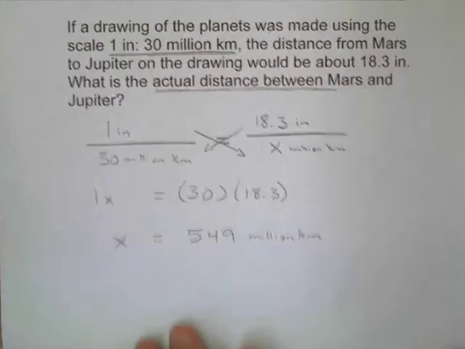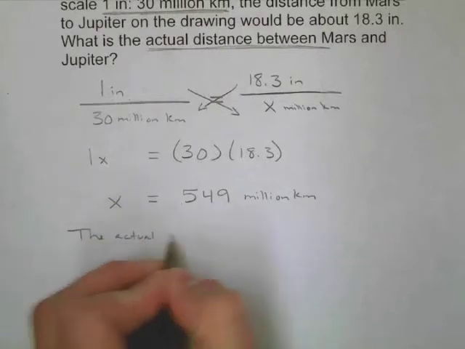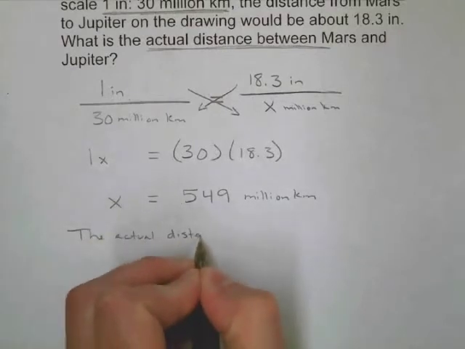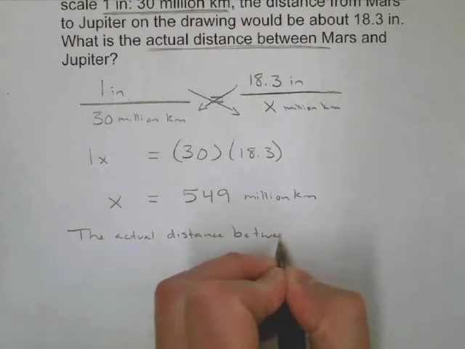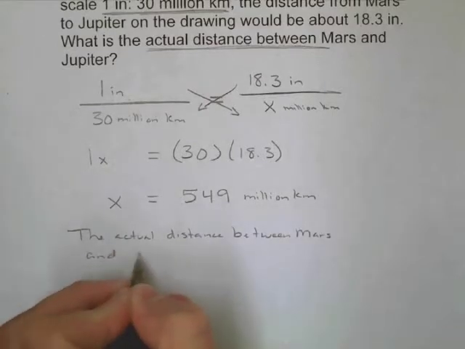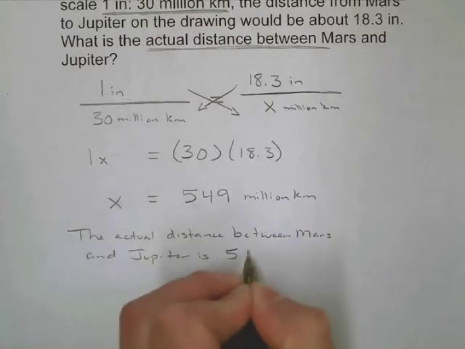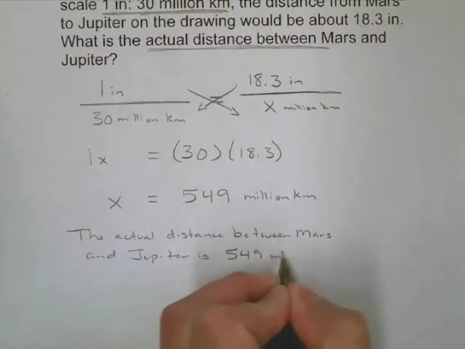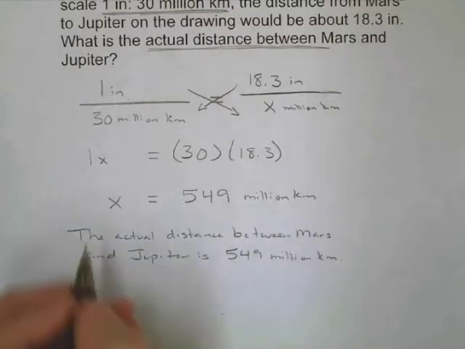And our final solution then would be the actual distance between Mars and Jupiter is 549 million kilometers. A very long way.